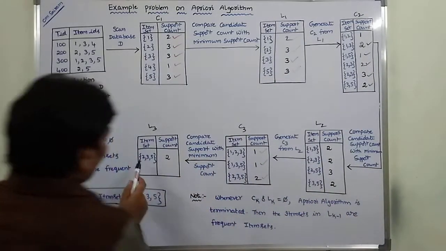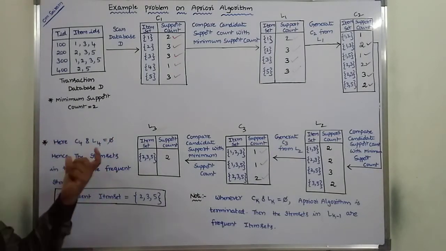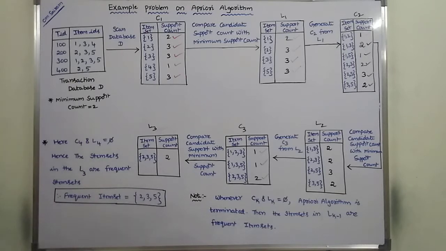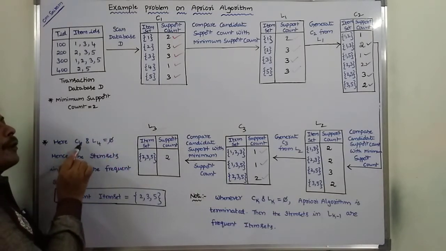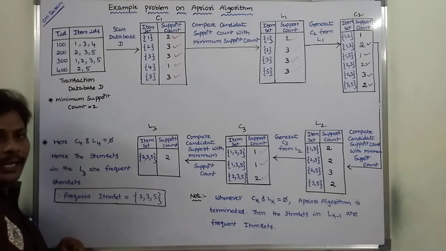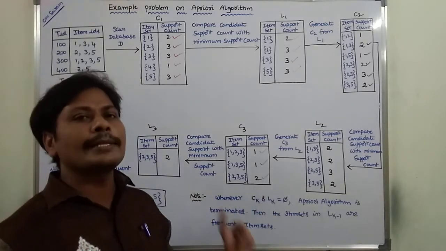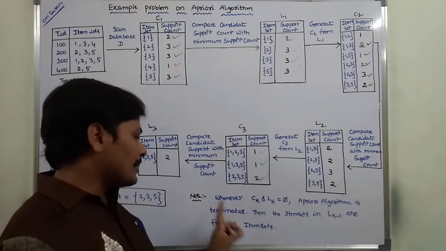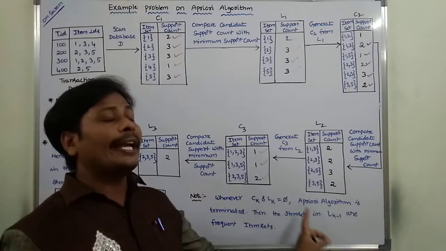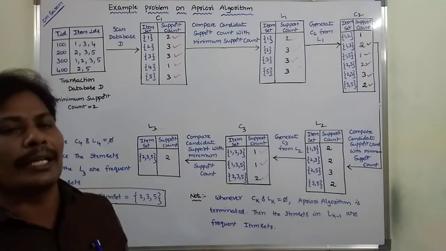Now from L3 we try to generate C4, but there is no candidate item set we can get from L3. Therefore C4 and L4 are equal to phi. Whenever C suffix k and L suffix k are equal to phi, the Apriori algorithm terminates, and the item sets in L suffix k minus 1 are the frequent item sets.